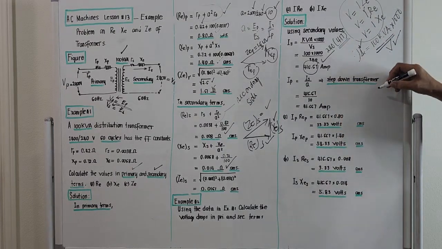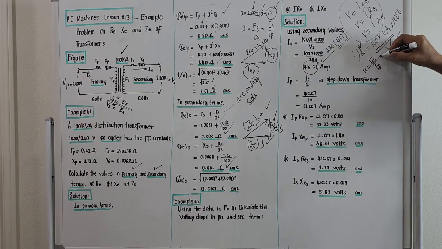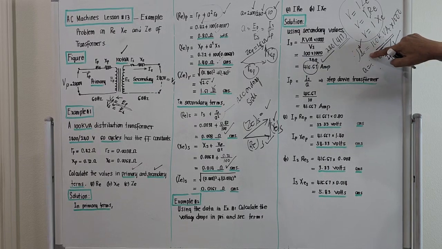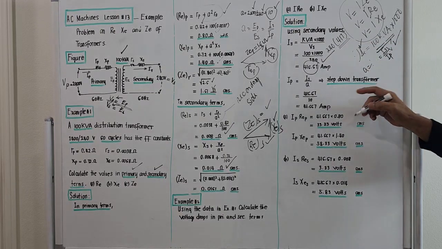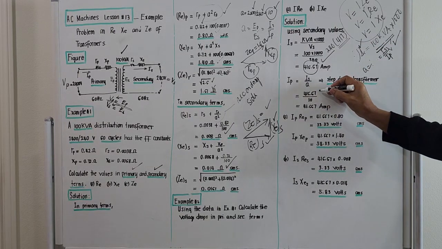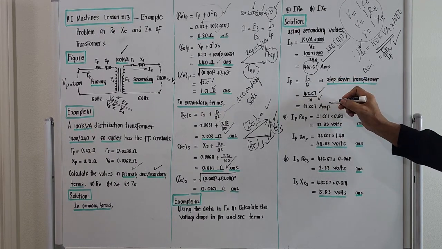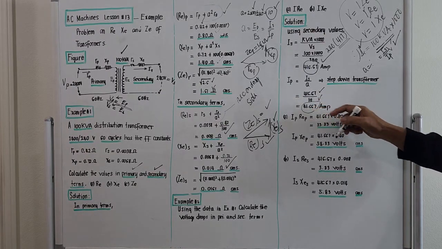Because the definition of A is actually EP over ES, and this is actually IS over IP. If we remove this, IP will be IS over A. So this will be 416.67 over 10, and the current on the primary side is only 41.667 amperes.